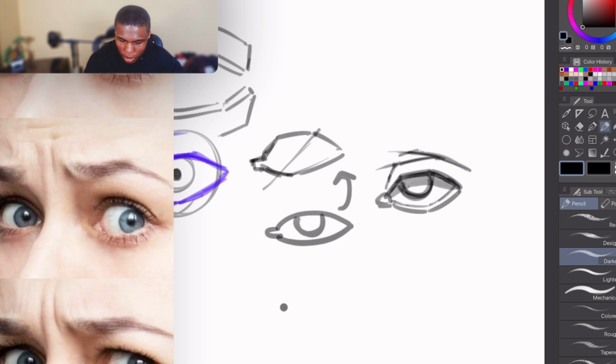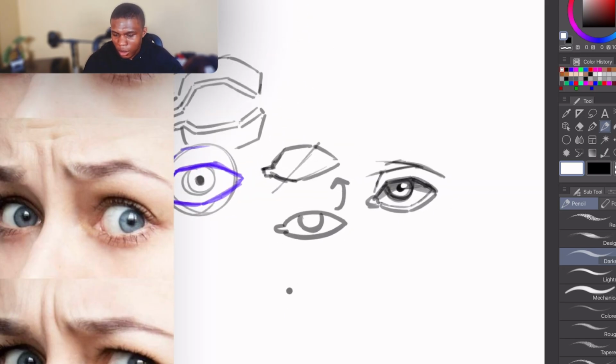Because her eye is blue, it's not exactly blue, there's a bit of shadow around the eyes, and then there's a light that is poking into the cornea, like that. The upper plane of the eye is causing a shadow, and the lower plane also creates a bit of shadow.